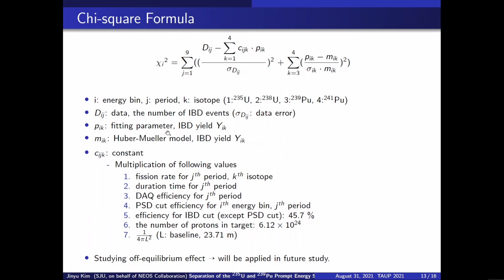Fitting parameters are IBD yields for each isotope, and constants are multiplied to give parameters the same condition as real data. Constraints are applied by using the Huber-Mueller model to uranium-238 and plutonium-241. In this presentation, IBD yields are assumed to be constant in time, but the equilibrium effect will be considered in future study.